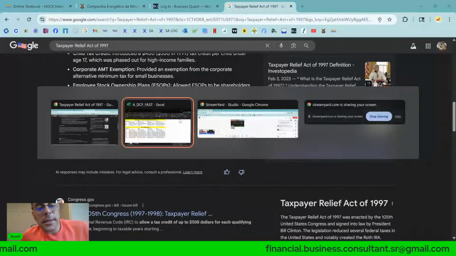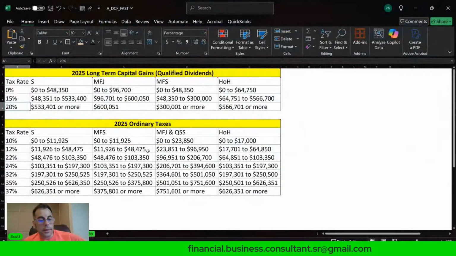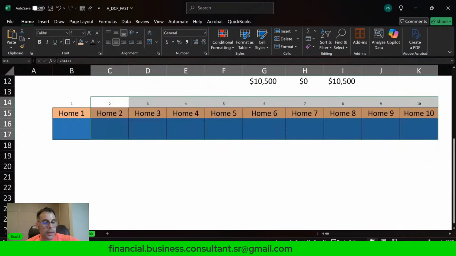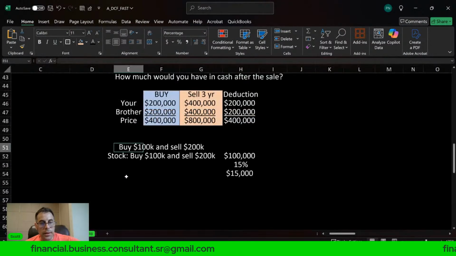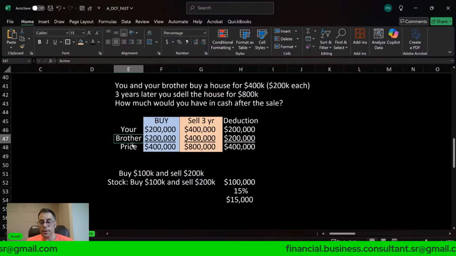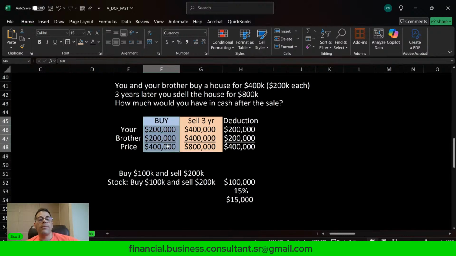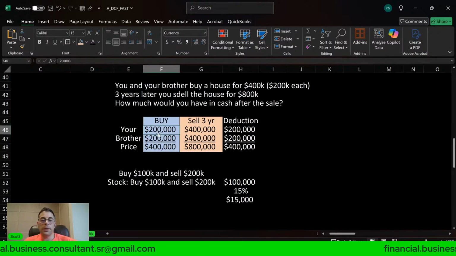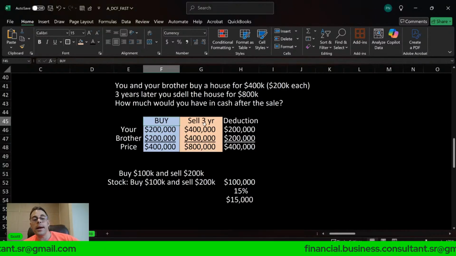So somebody has to get this answer. If you and your brother want to buy a home together and you find a $400,000 home, you both split it, $200,000 each. You both live in the house for 3 years.